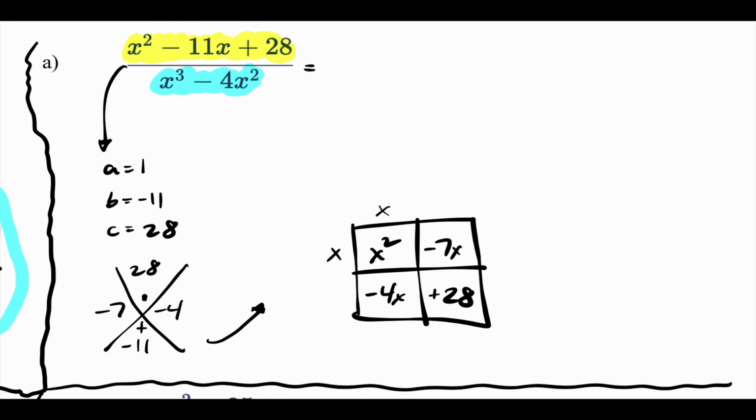Okay, so we get x times x, so we get x minus 7 and x minus 4. No GCF this time, so it's just x minus 7 and x minus 4.